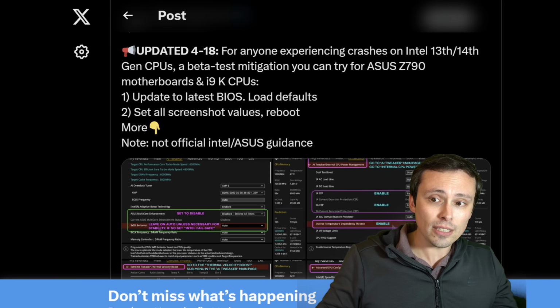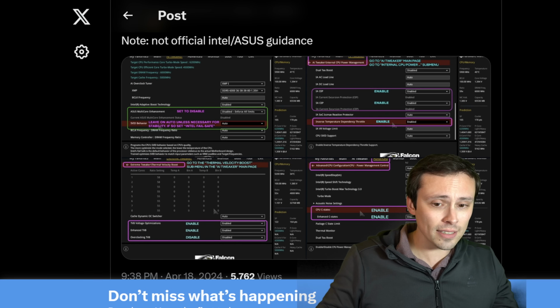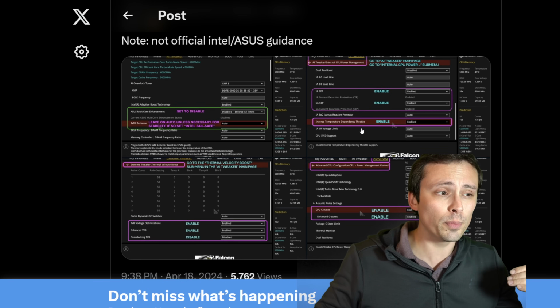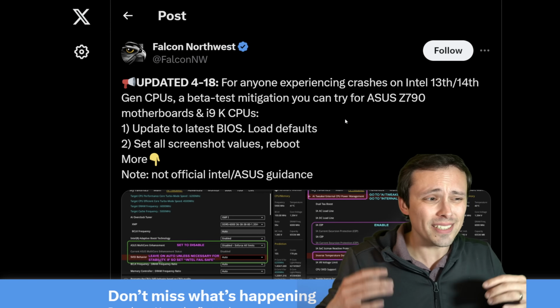Now, this is for the Asus Z790 motherboards with i9K CPUs. They're giving a bunch of settings that you could try changing in order to improve stability. And this relates to what the issue seems to be.